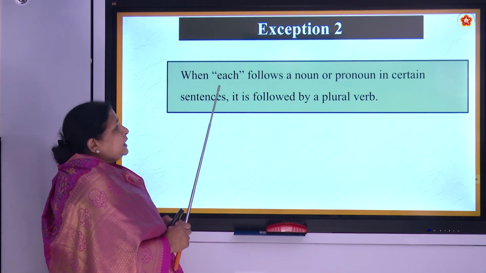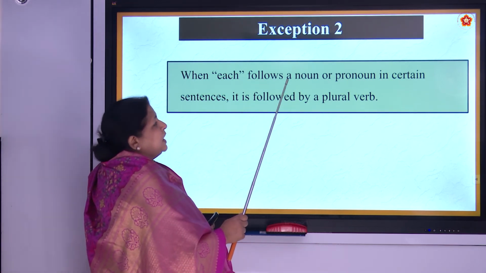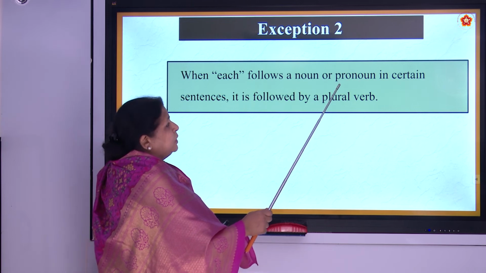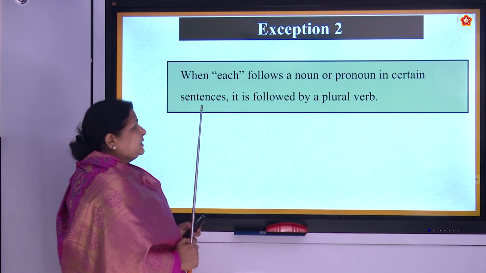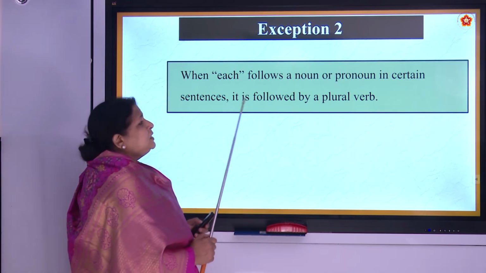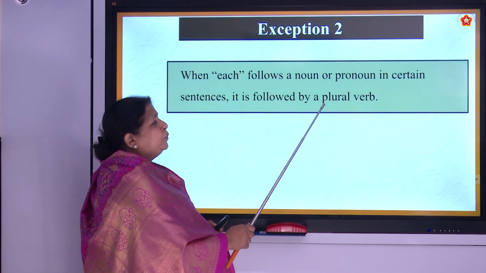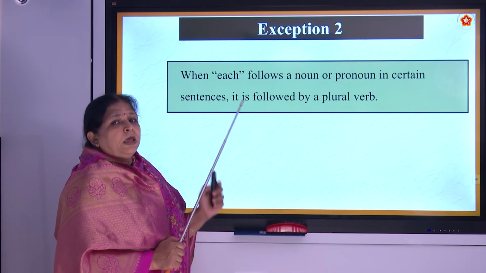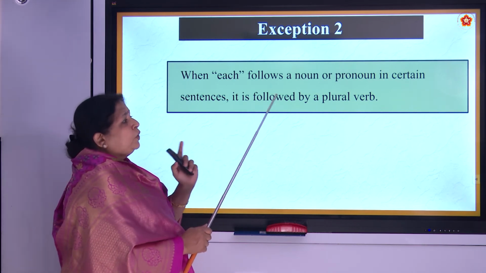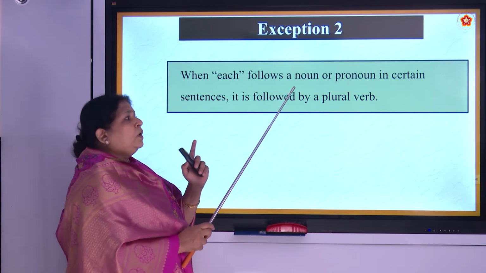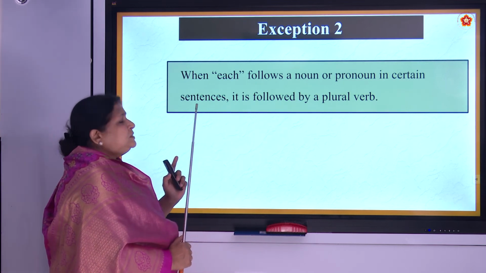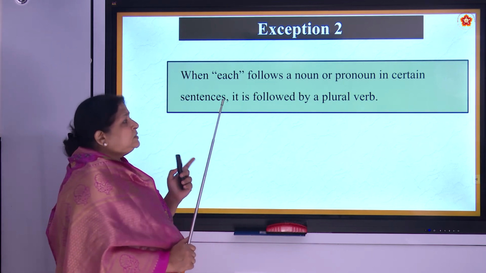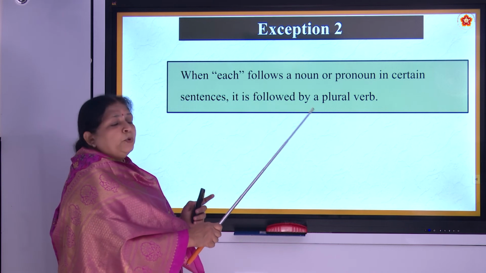When "each" follows a noun or a pronoun in certain sentences, it is followed by a plural verb. Now, whenever each is following a noun or a pronoun in certain sentences, not all sentences, it is followed by a plural verb.